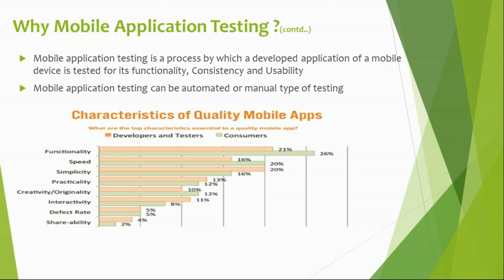Like let's say out of 100 people, 26 people will think about only functionality of your application, and 16 to 20 people will think about the speed of the application, and for simplicity, out of 100, 16% will think about how simple the application is. So these are the generic market strategic characteristics which make the app better.